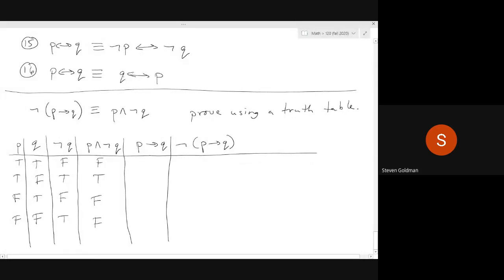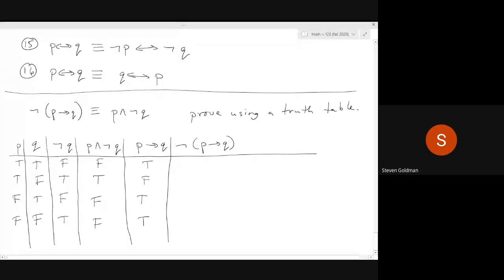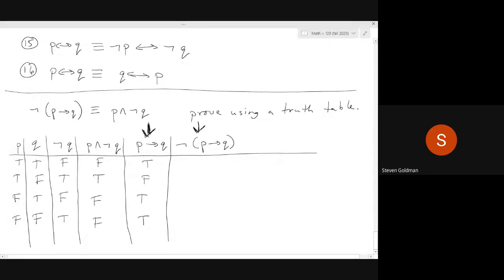If P then Q is a conditional statement that's only false when P is true but Q is false. So that's going to be true, false, true, true. We already know the truth table for that. Now we have the negation of if P then Q. This column is if P then Q, and this one is its negation, so it will have the opposite truth values.